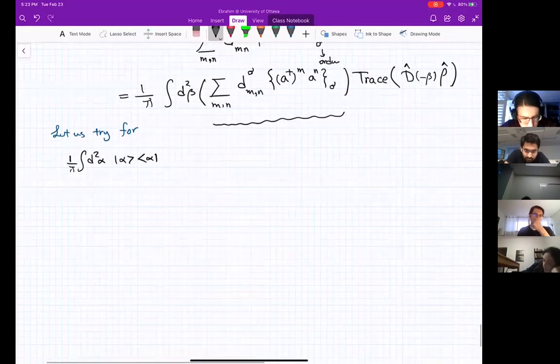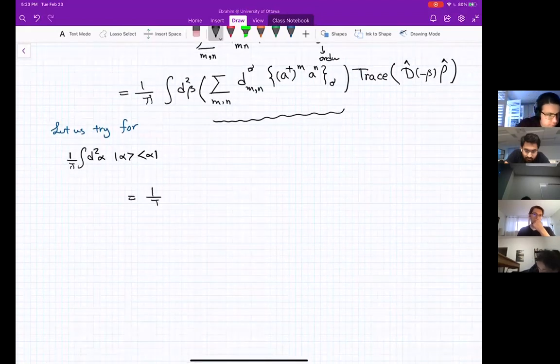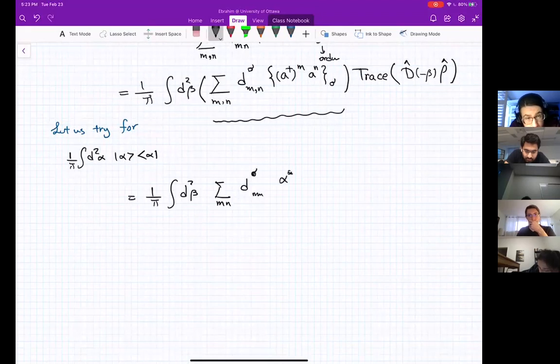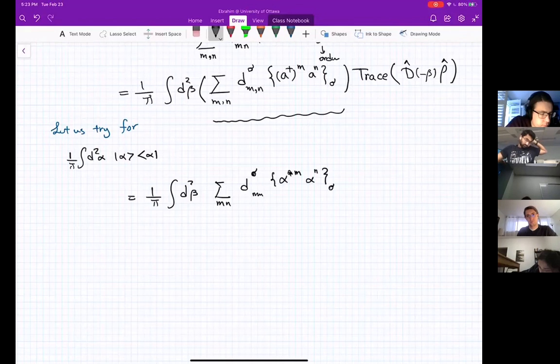So these diagonalize, and we will get 1 divided by pi integral of d2 beta summation of m and n of D sigma m and n of alpha star power of m and alpha power of n in that order, because the creation operator and annihilation operator, when they act on bra state or ket state, will give different results.